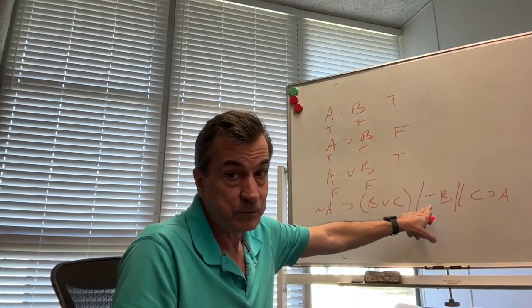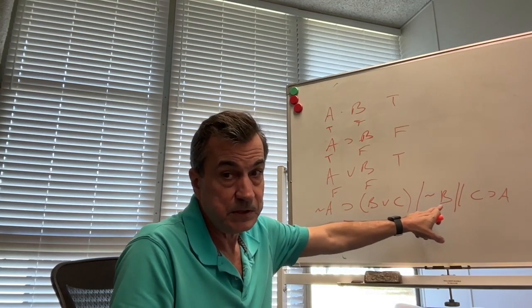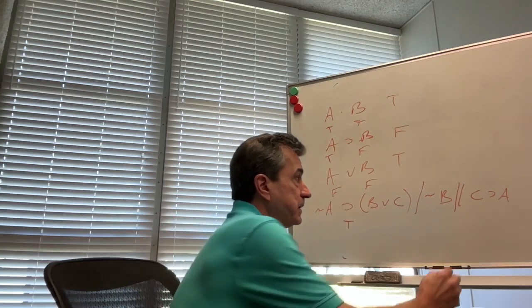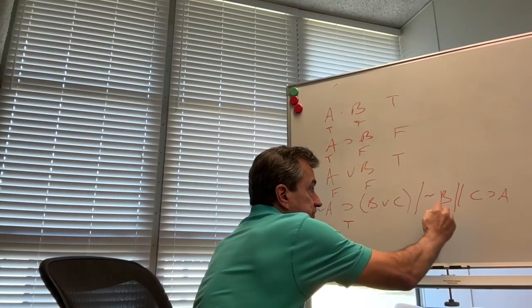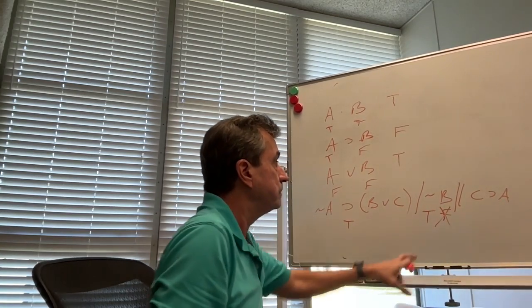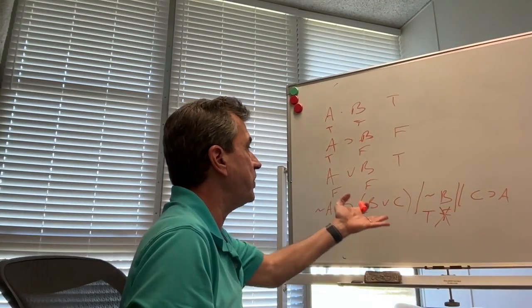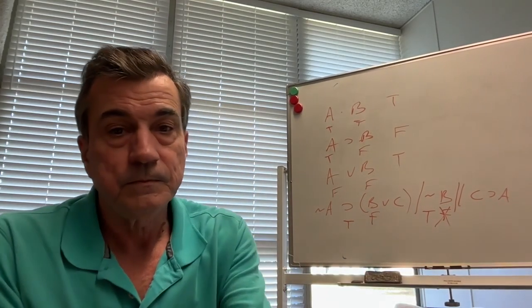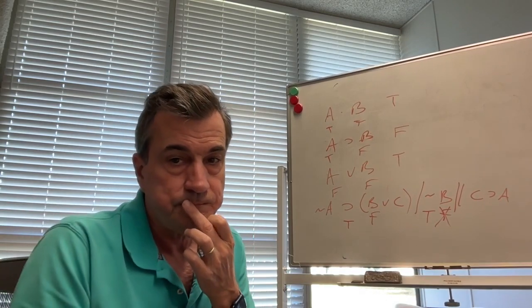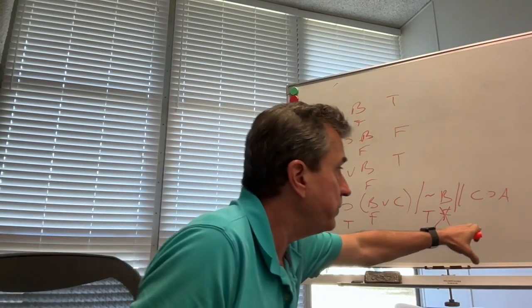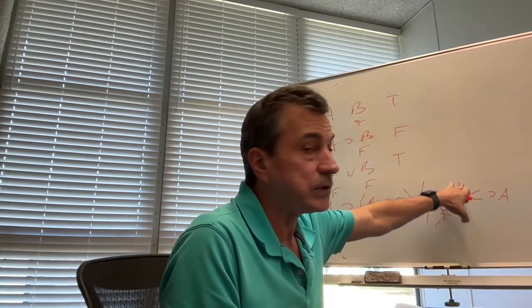So we can already fill in what B needs to be, because B needs to be false in order for the negation sign to make it true, right? B will be false. The negation sign makes it true. So we can put false here under B. And then we know C implies A. This is the conclusion.